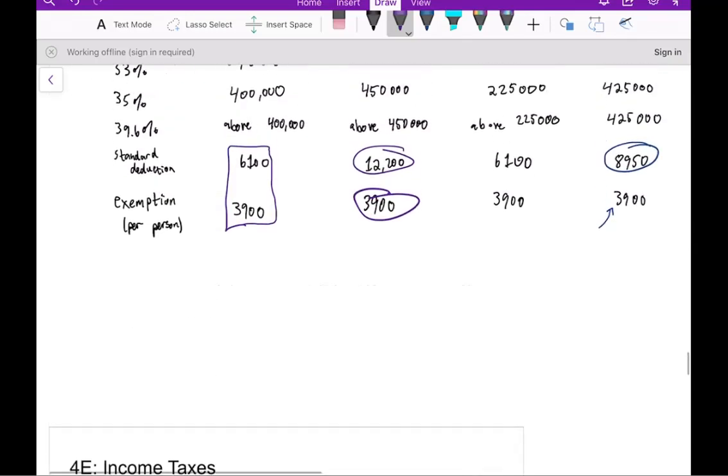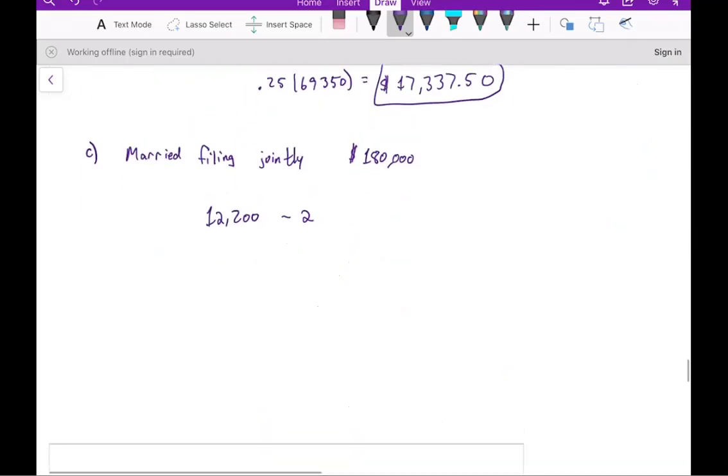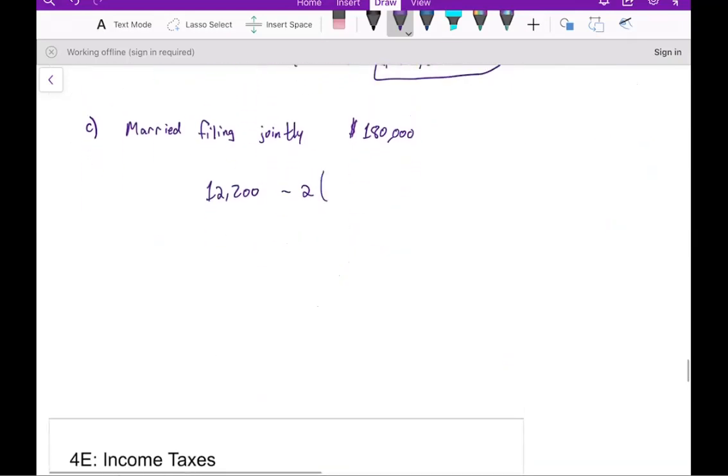So for each person, two of the $3,900 exemptions again. All right, so if I take my 180,000 and I subtract these two things, minus 12,200 minus 2 times 3,900, we're going to get that our taxable income is now 160,000.